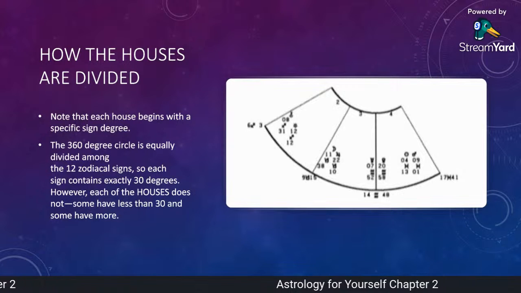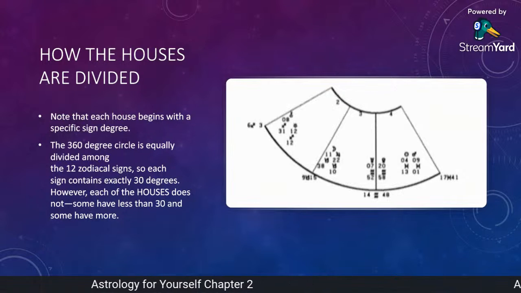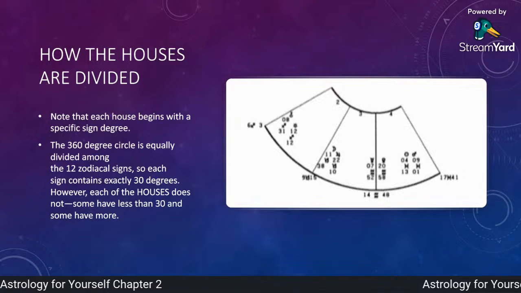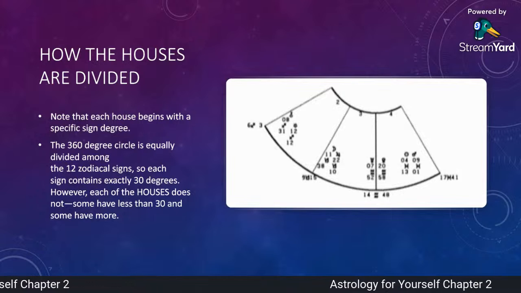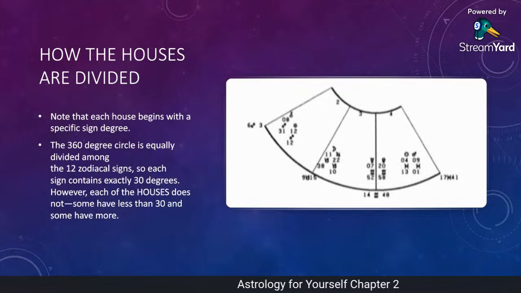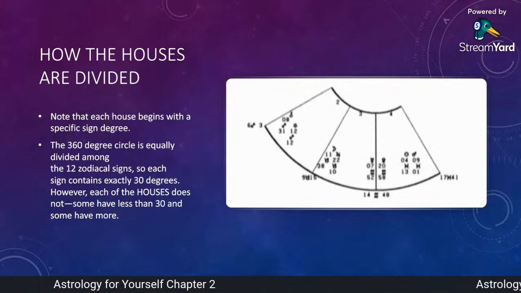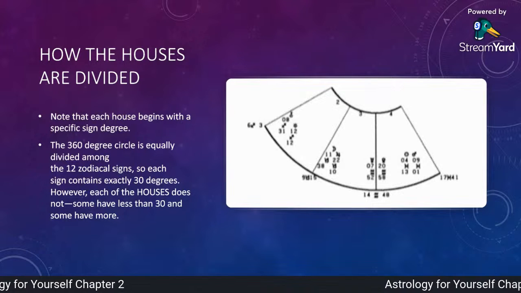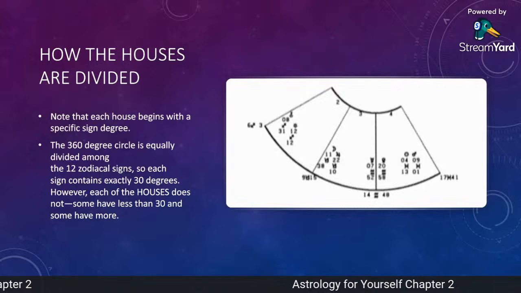In our sample chart, the third house begins with 9 Capricorn 15 and ends at 14 Aquarius 48 at the beginning of the fourth house. What this indicates is that the third house contains the 9th through 30th degrees of Capricorn and the 0th through 14th degrees of Aquarius.